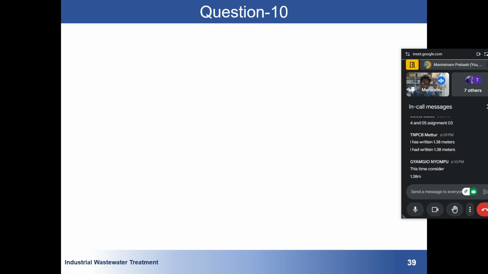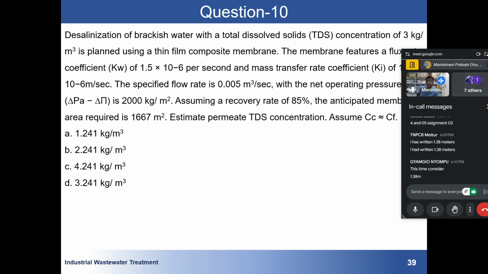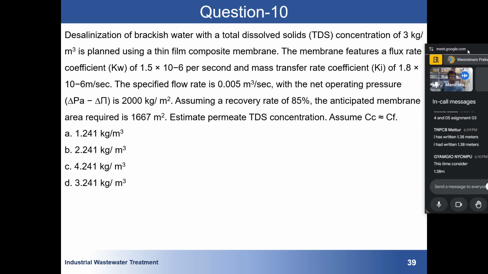I don't think I have lots of questions today, but I don't think I will be able to cover it. Again, this is a numerical question, directly from your PDF. Desalination of brackish water with a total dissolved solids TDS of 3 kg per meter cube.